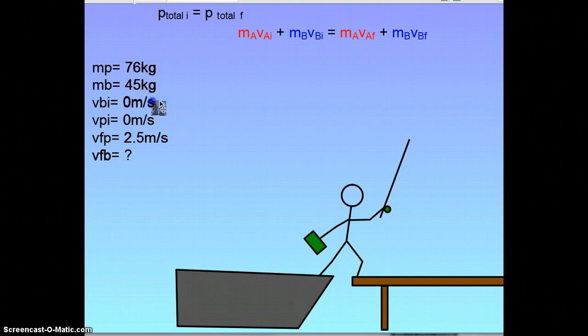So initial velocity of both of them is 0. Guess what? We don't even really need to put their masses multiplied in here. We can, we don't have to, because this whole side of the equation, 0, is equal to mass of the person times the final velocity of the person plus mass of the boat times final velocity of the boat.